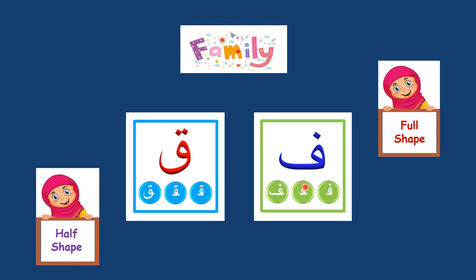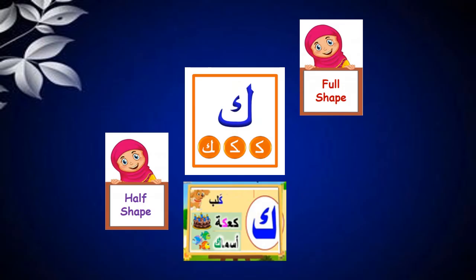Here is the family of Fa and Qaf. Fa has one dot on it and Qaf has two dots on it. Letter Kaf. This is the full shape of Kaf, and it has three proper half shapes.